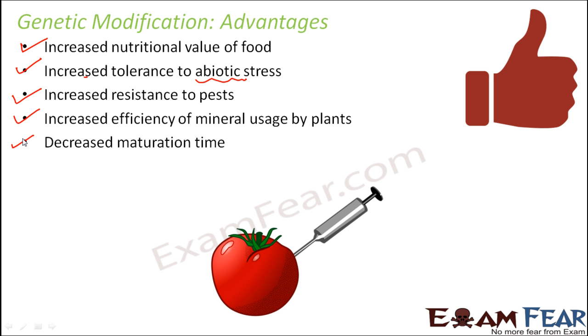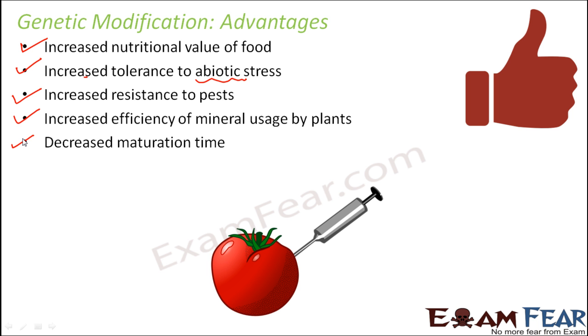Now, genetically modified plants are modified in such a way, that is, their genes are altered in such a way that the maturation time is decreased. Now, if the maturation time is decreased, what happens? Overall, the yield from that particular plant will increase, because now the time taken by the plants to mature has reduced. So, in a smaller period of time, the yield is more, so the yield comes quicker, and that is how the yield has increased.